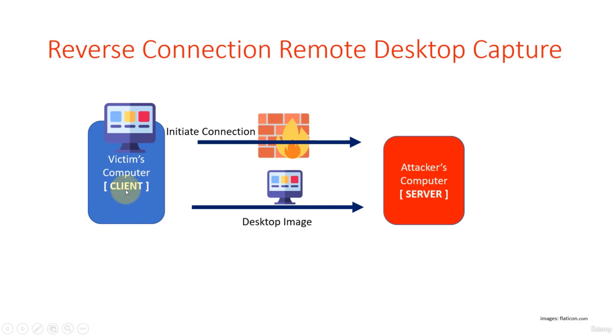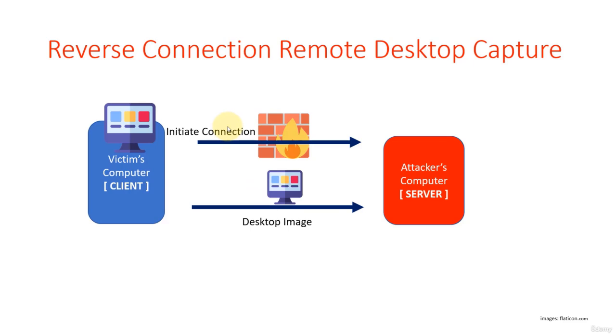The client RAT will regularly try to reach out to connect to the attacker's computer, which is your command and control server. If the command and control server, the attacker's computer, is not up or unreachable for whatever reason, then the victim's client RAT will keep on trying again at regular intervals. So this is the architecture of a reverse connection remote desktop capture.